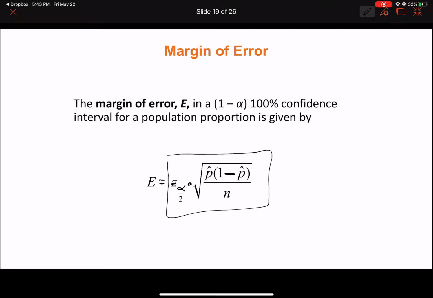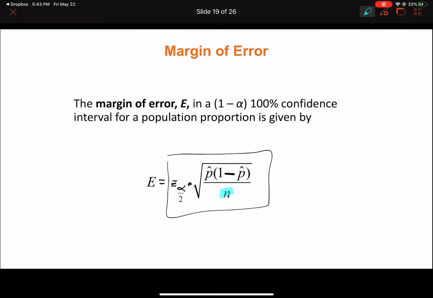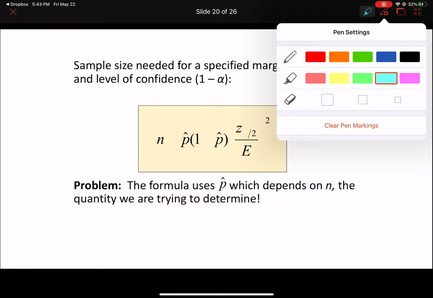But in order to find our margin of error, we have to know how many people we are polling. But what if we know the margin of error we're looking for, and we want to know how many people I have to poll in order to get it? That is where this comes in right here. Once again, it doesn't show up on my iPad very well.